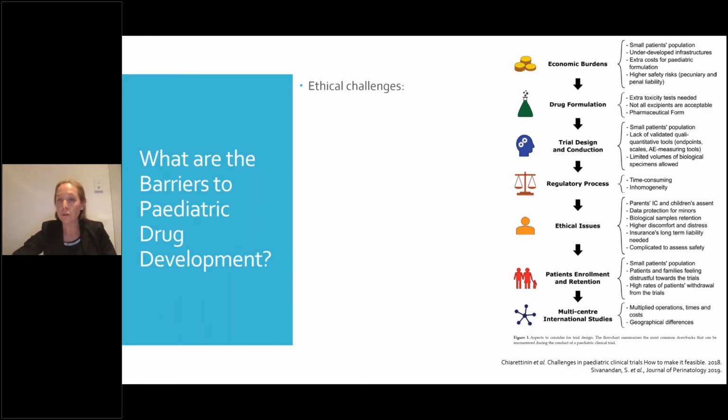And I've talked previously about some of the trial design and conduct challenges and the regulatory processes, but there's also ethical challenges.